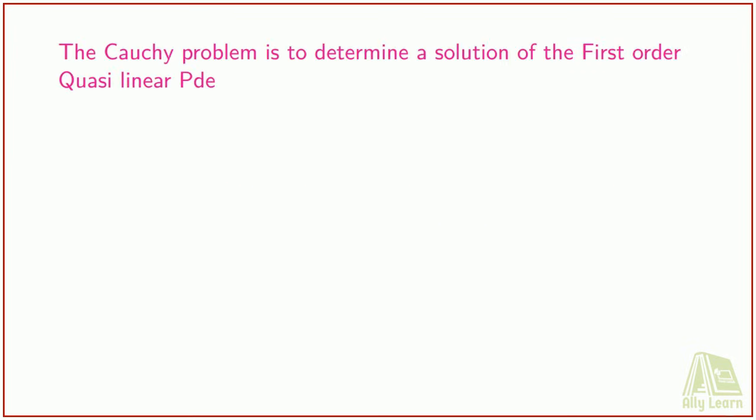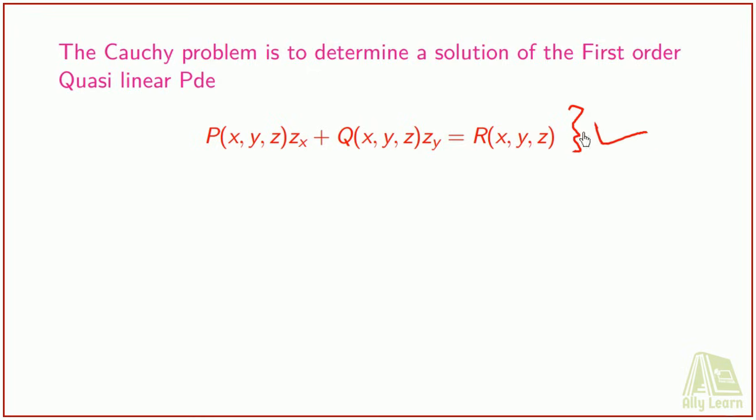So, the Cauchy problem is to determine a solution of the first order quasi-linear PDE given by this equation. Now, what we have to do in the Cauchy problem is find a solution of this first order quasi-linear PDE satisfying some initial condition, and that initial condition will be given.